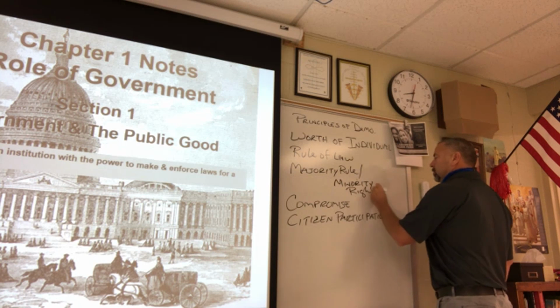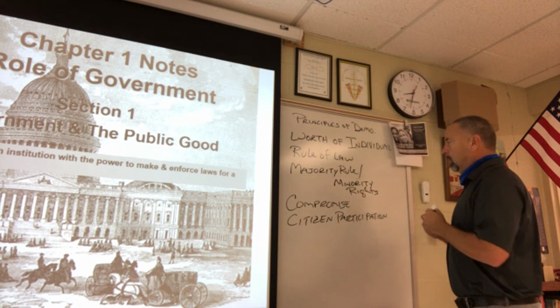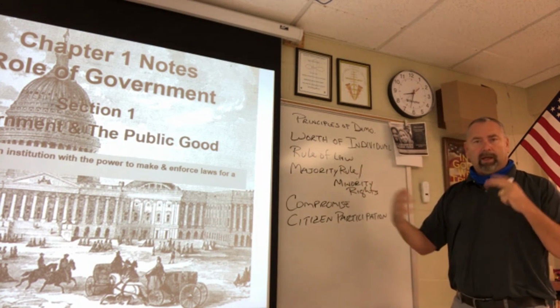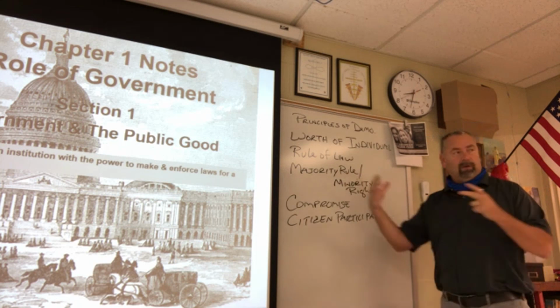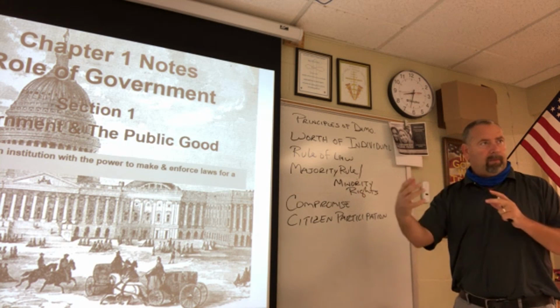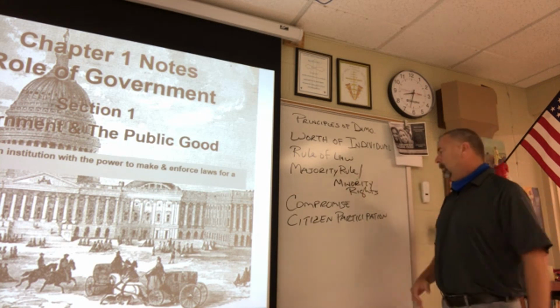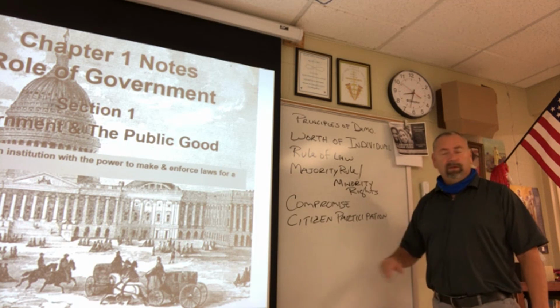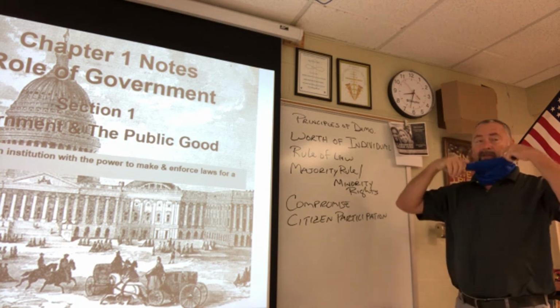Compromise just means really, in a democratic system when you have different opinions, in order to get something done, sometimes I'll give up a little bit, you give up a little bit, we'll compromise, work it out. Without citizen participation, democratic systems don't work.